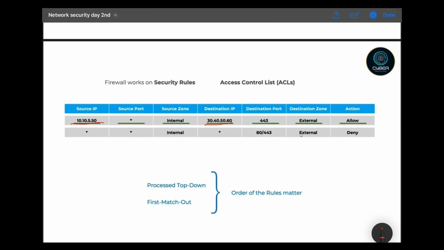That is why a specific allow rule must appear above a broad deny rule. Order matters.